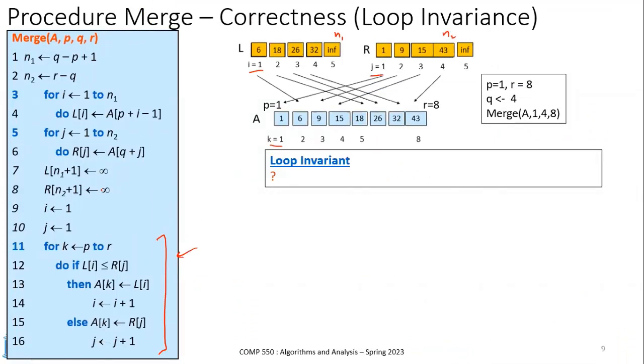In this particular loop, the variables are K, I, and J, so we need to say something in terms of K, I, and J. Just continue on with that thought.